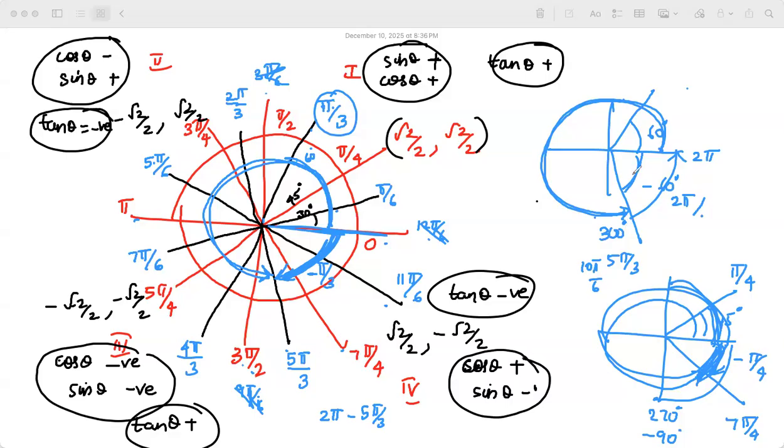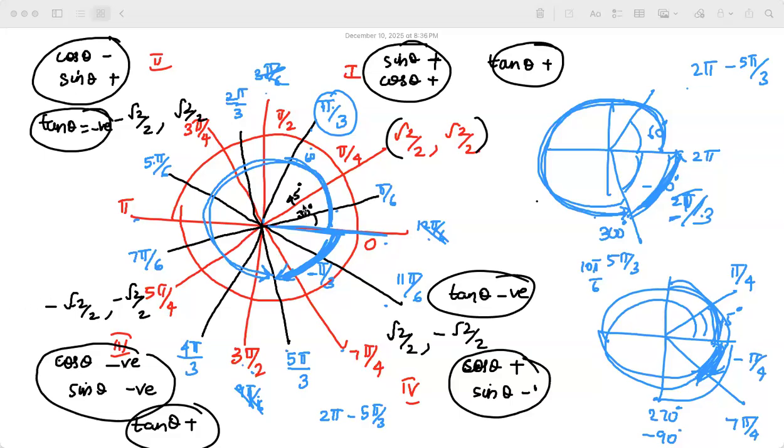If this entire thing is 5 pi by 3, what is this angle I'm asking? How will you calculate it? 2 pi minus 5 pi by 3. So this is just pi by 3, minus pi by 3. Does it make sense? Sushank, Advik, does it make sense?